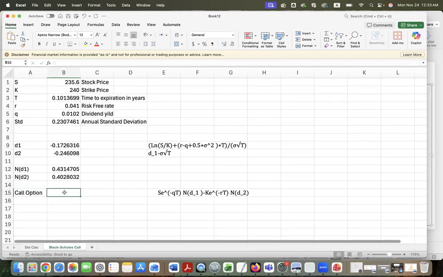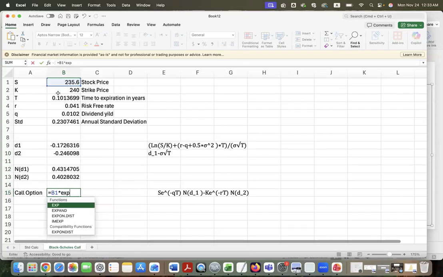Okay, so it's equals S, this, times EXP negative q times t, and then the whole thing times ND1.